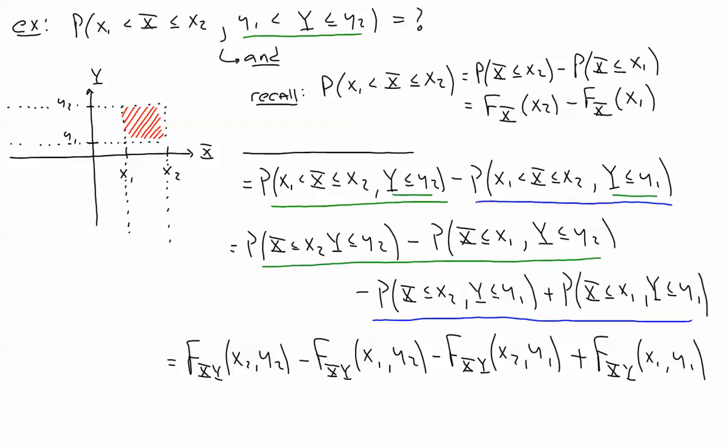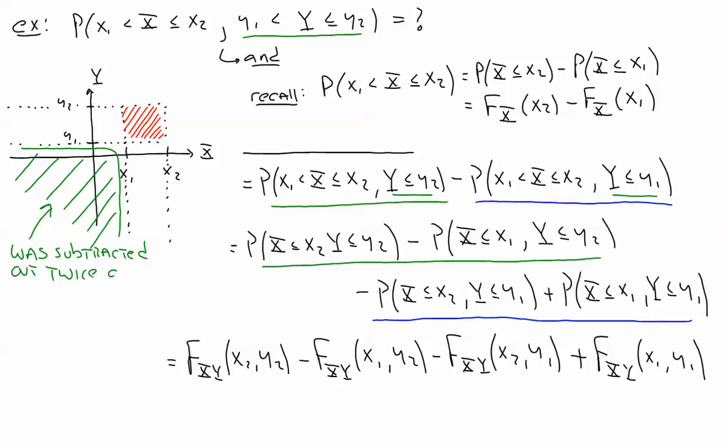This region, the region when x is less than x1 and y is less than y1, this region was subtracted off twice. Okay. So there we go.